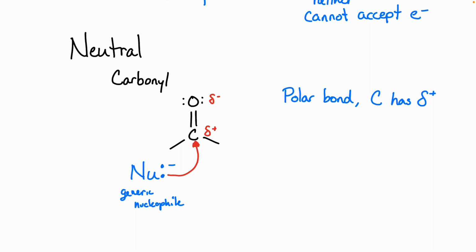Remember we talked about resonance structures that are available. This pair of electrons can easily jump up onto that more electronegative atom. Okay? So there's this polar bond, that's an important feature, but also it has a pi bond that we can break when that carbon gets attacked. Okay, so carbonyls would be an example of a neutral electrophile.